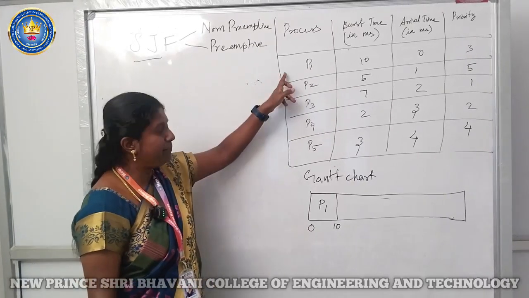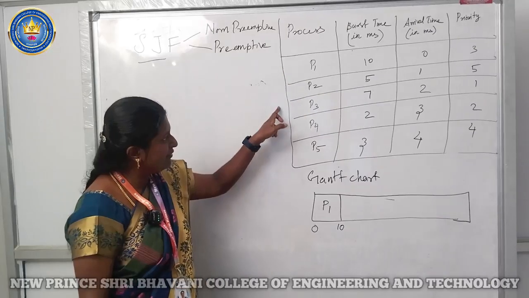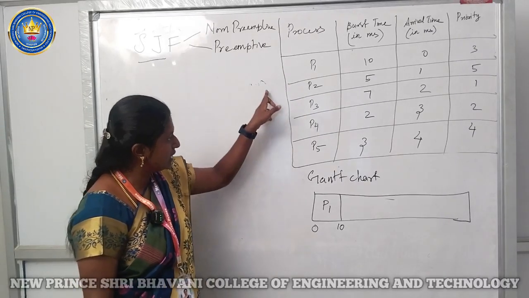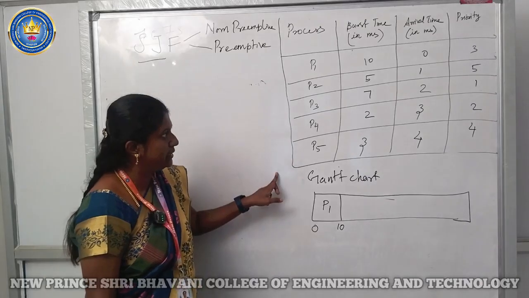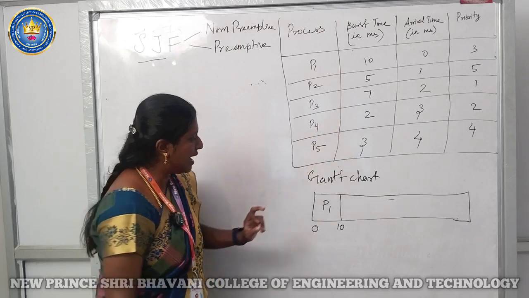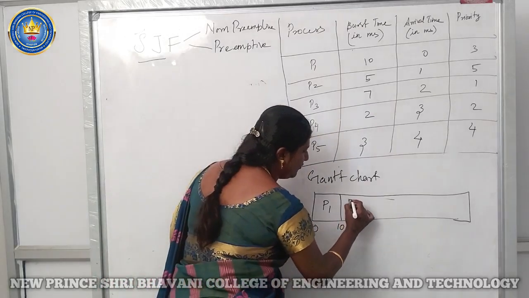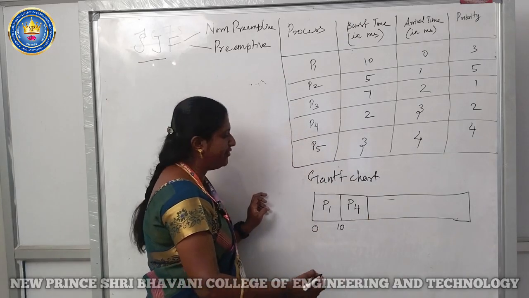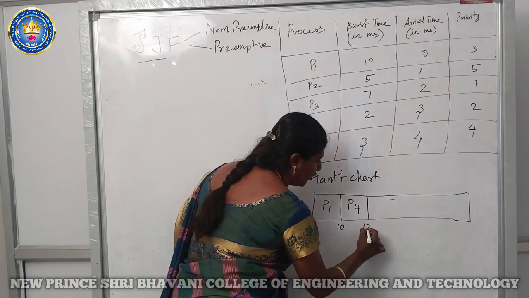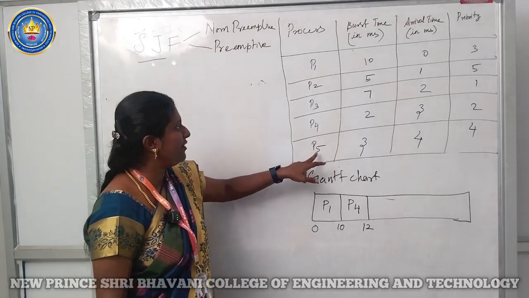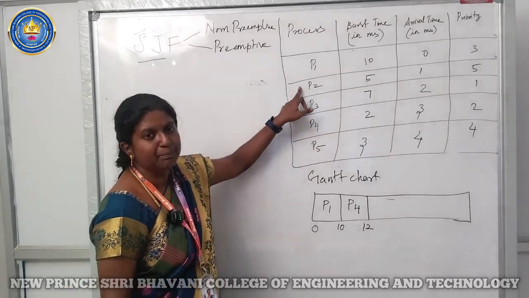P1 has already finished. So remaining we have 4 processes at the 10th millisecond. Checking these 4 processes, P4 has the smaller burst time. So we allocate the CPU to P4, and after P4 finishes we check the remaining processes: P5, P3 and P2.